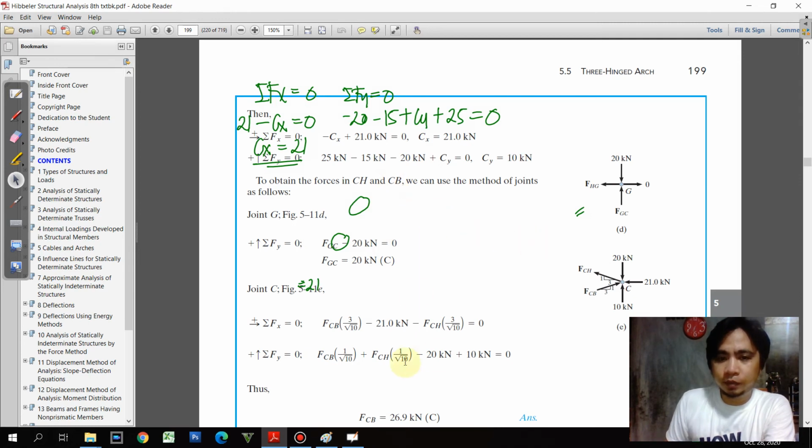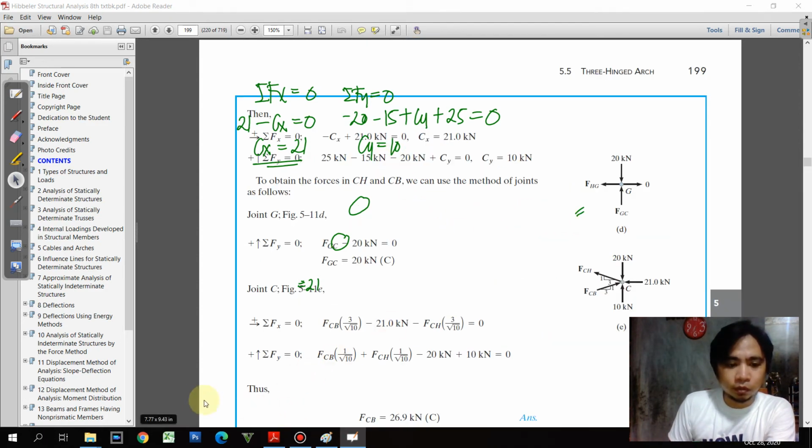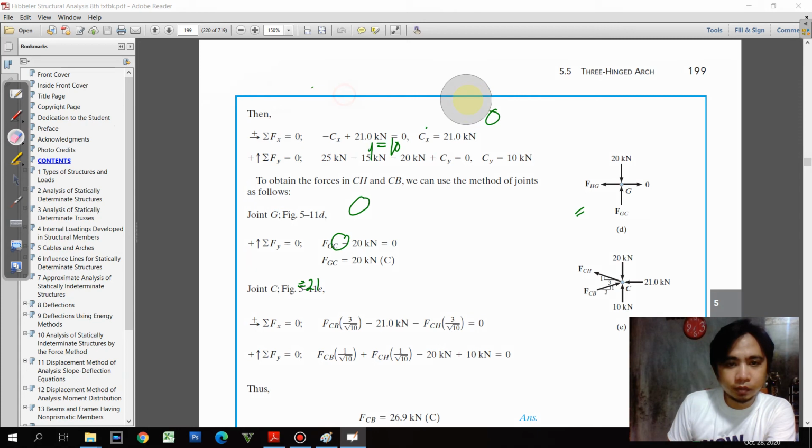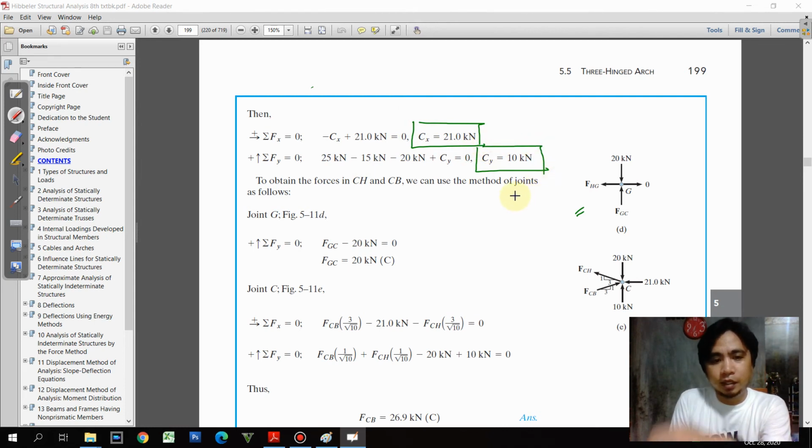So therefore, our Cy is equal to 10. Okay? So Cx is 21, Cy is equal to 10.